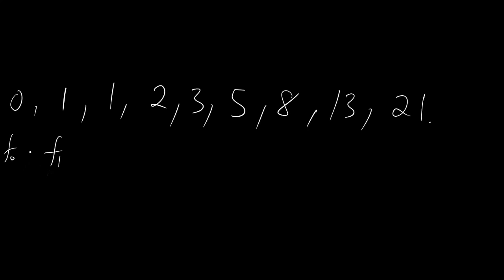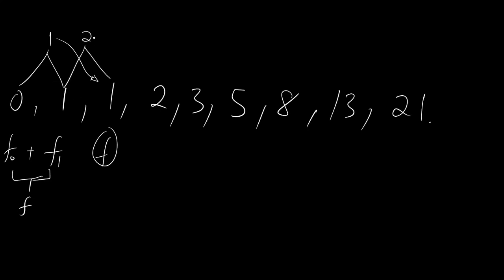If you add these two together, it gives you F, and this is your F. Adding this gives you 1, which is this one. If you add these two, it gives you 2, which is this.